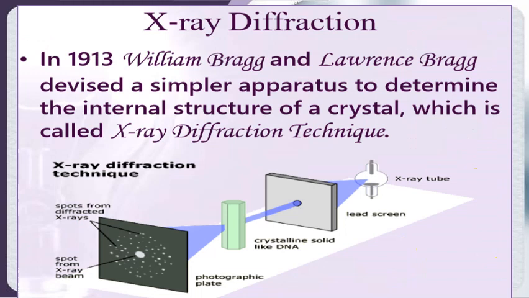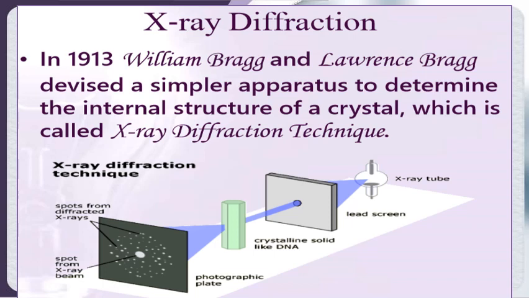Two persons, William Bragg and Lawrence Bragg, in 1913 in England, devised a simple apparatus to find out the internal structure of a crystal, and the technique was named the X-ray diffraction technique, as it was first discovered by Max von Laue. It was then applied by William Bragg and Lawrence Bragg to determine the crystal structure.